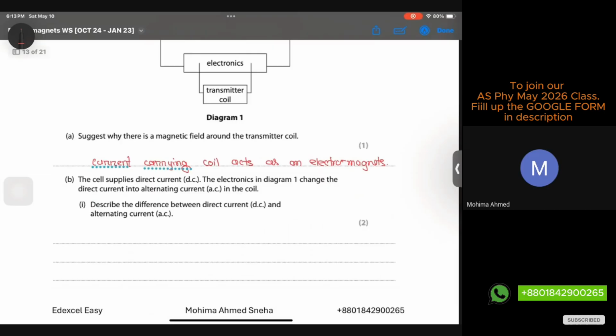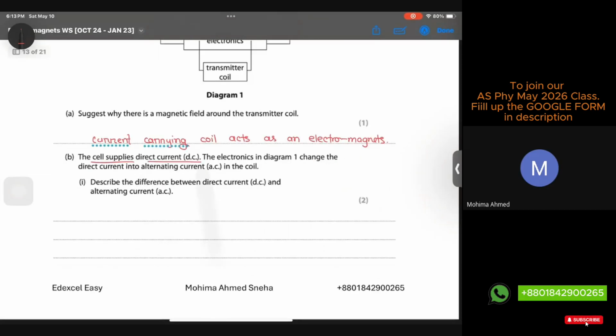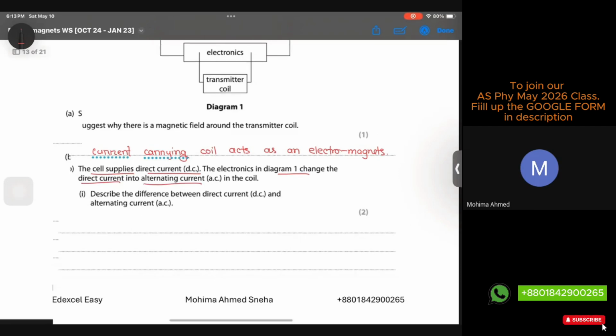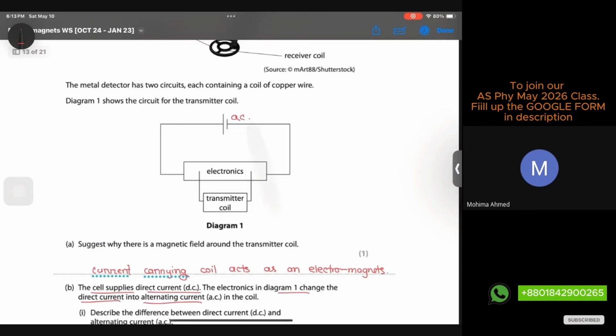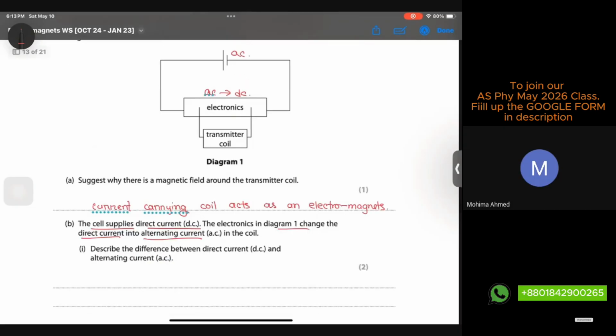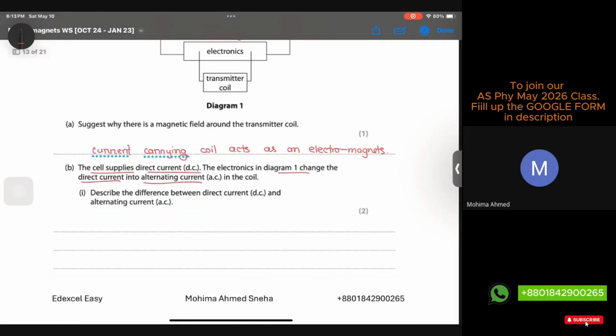Then the cell supplies direct current. The electronics in diagram 1 change the DC into AC. Okay. So the cell supplies DC, but this one converts that DC to AC. Then describe the difference between direct and AC, right?